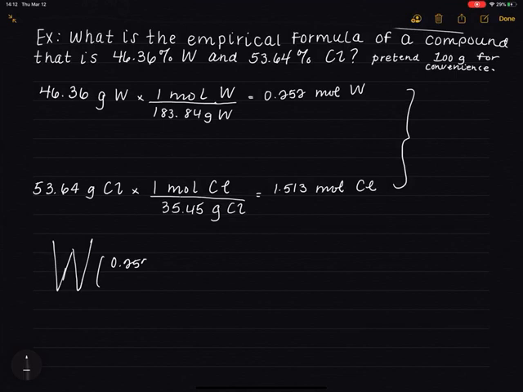Now at this point, this problem probably starts to look kind of familiar. Where did we play this game before? Copper chloride lab. Once we have moles of material in our compound, we go for that mole ratio. Divide by the smallest.